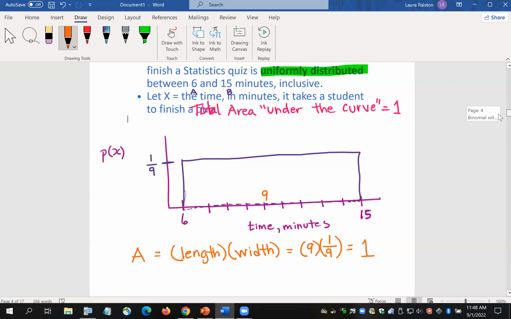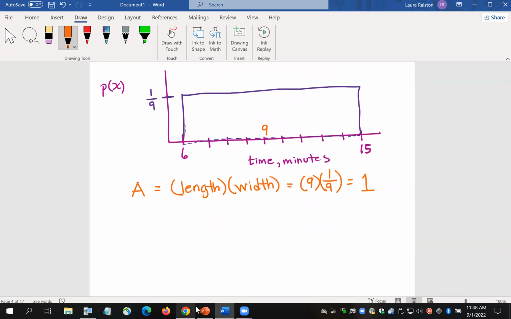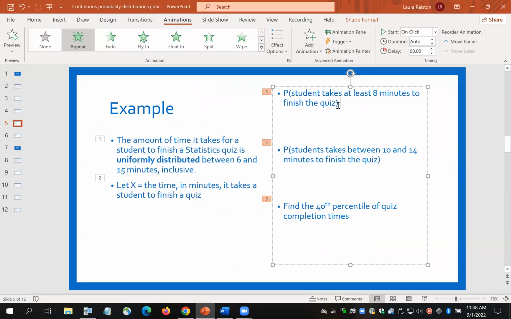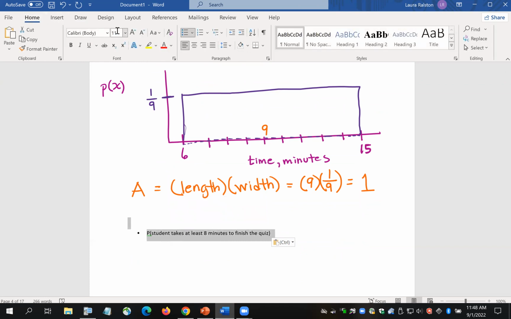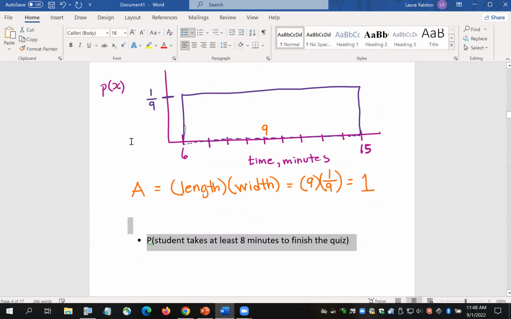Okay. So let's look at the question. What was the first question? It says, find the probability that it takes a student at least 8 minutes to complete the quiz.